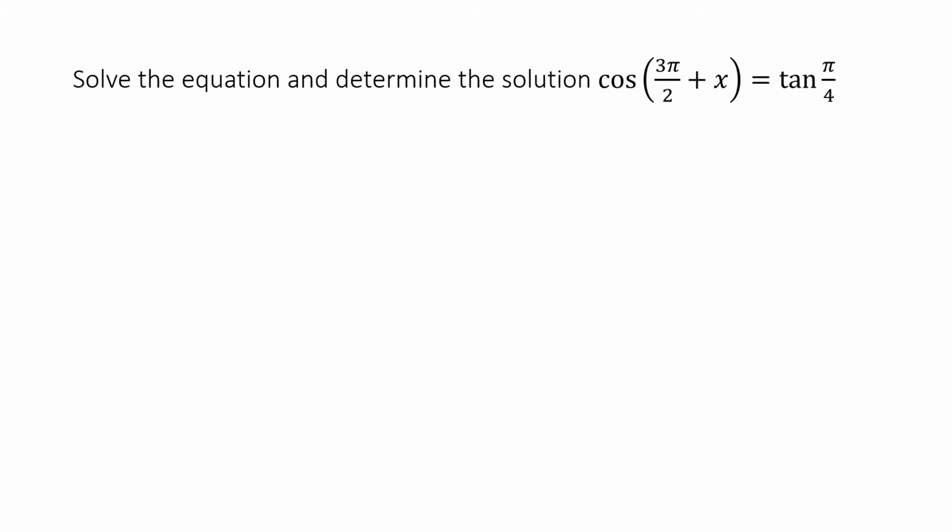Solve the equation and determine the solution of cos(3π/2 + x) = tangent of π/4. So from our cosine function, we know cos(a ± b) equals cos a cos b ∓ sine a sine b.